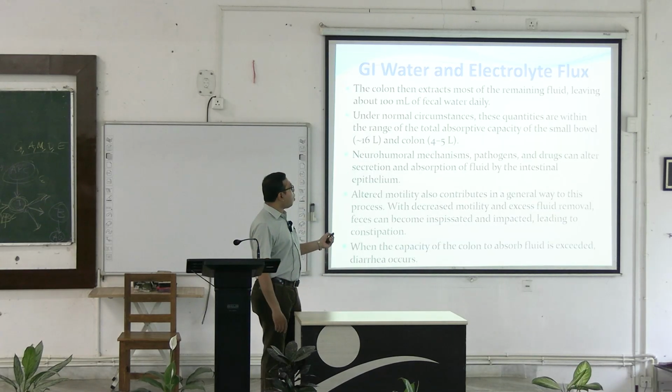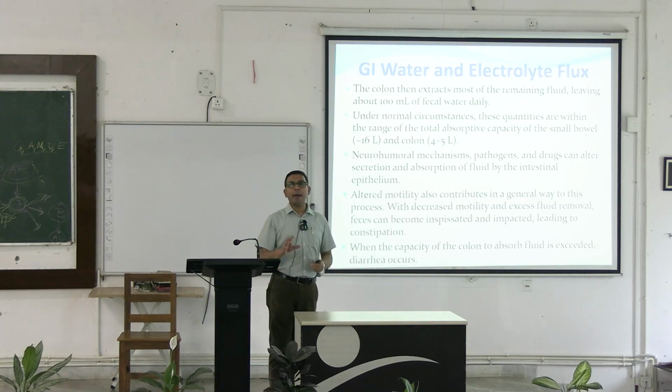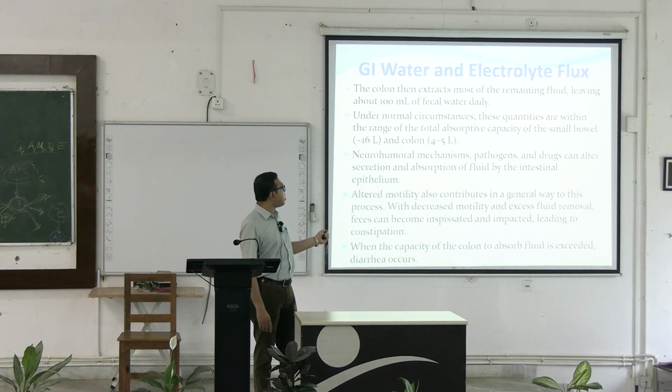The colon then extracts most of this remaining fluid, leaving about 100 milliliters of fecal water daily. Under normal physiological circumstances, these quantities are within the total absorptive capacity of the small bowel, which is approximately 16 liters, and of the colon, 4 to 5 liters.